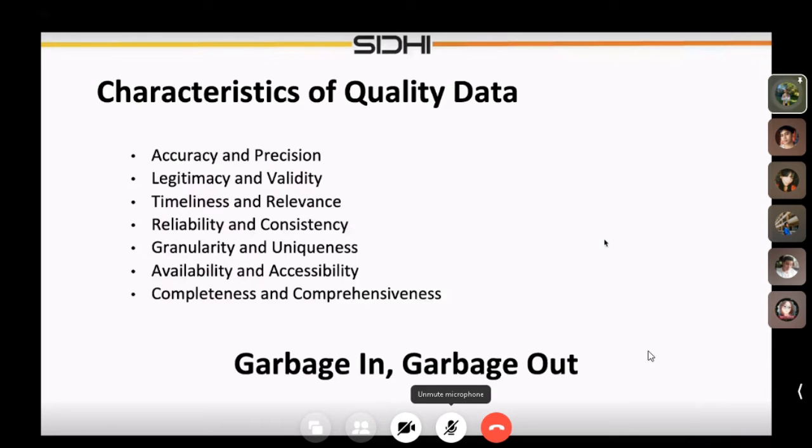Timeliness and relevance, of course, is another thing. So you don't want data that's 1 year old, or data that's not relevant to your research. Reliability and consistency. We do research in a rigid manner because we want other researchers to be able to replicate our research.